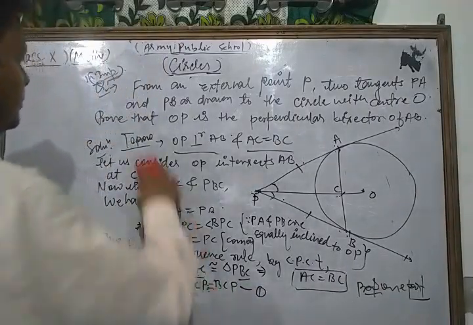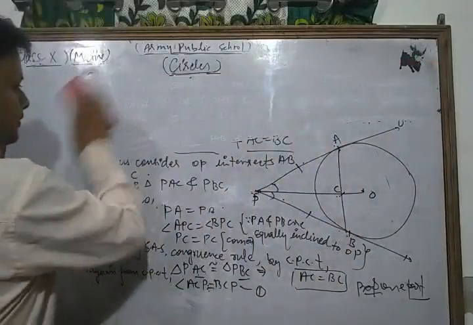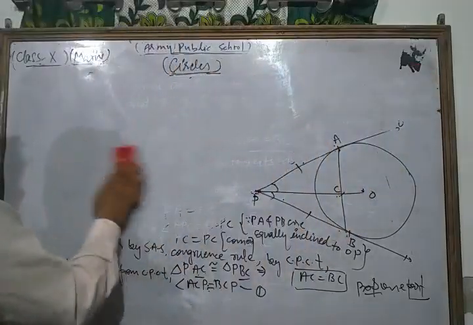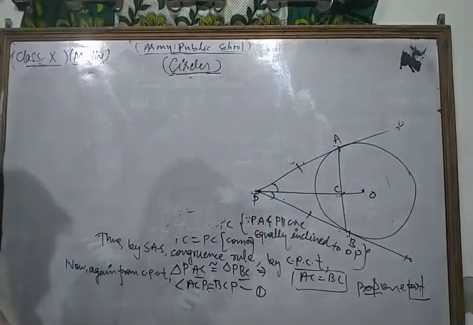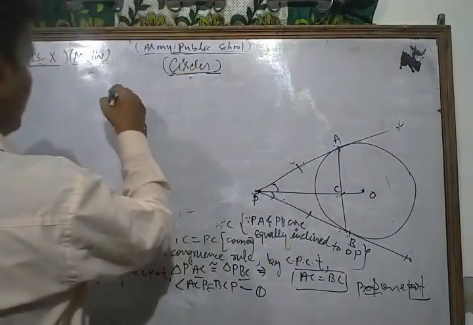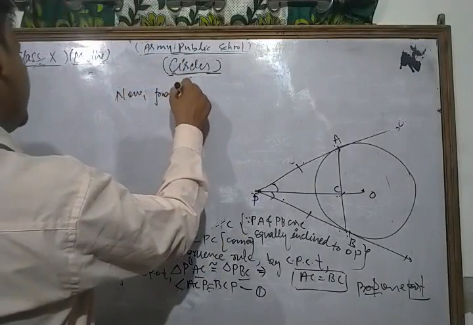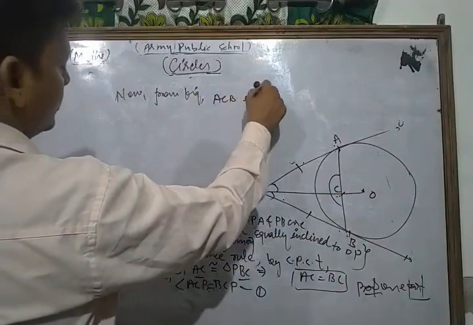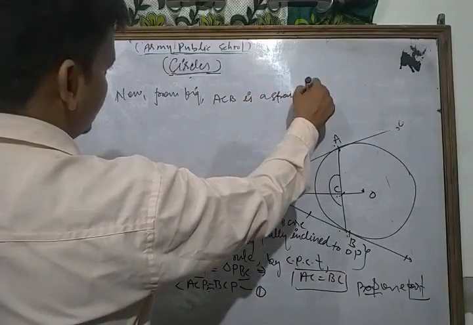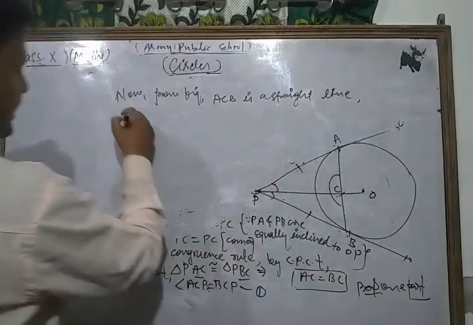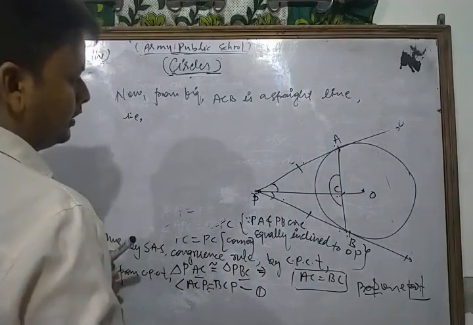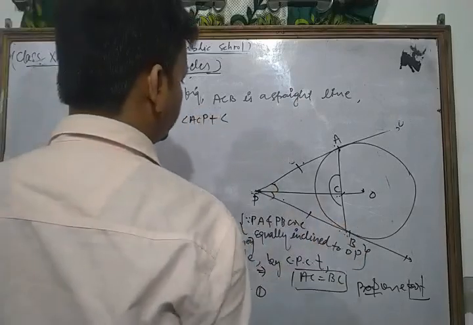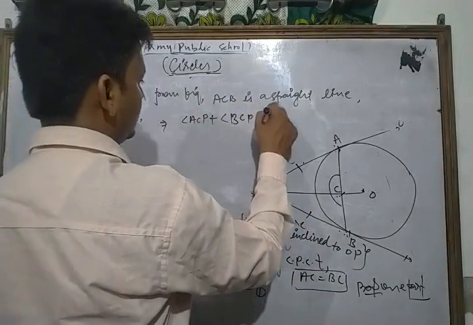Now from the figure, ACB is a straight line, that is, the sum of angle ACP plus angle BCP is equal to 180 degrees.